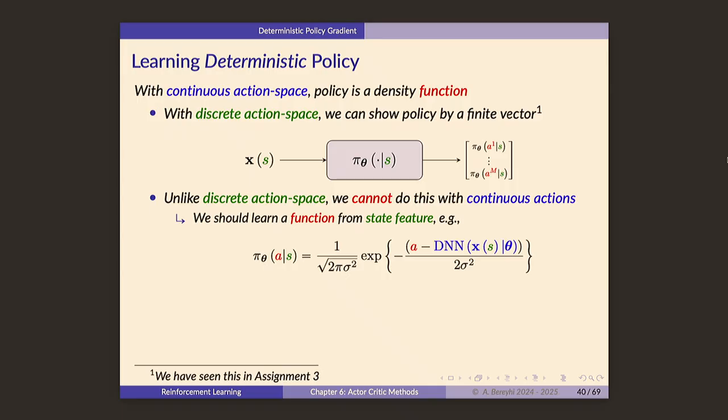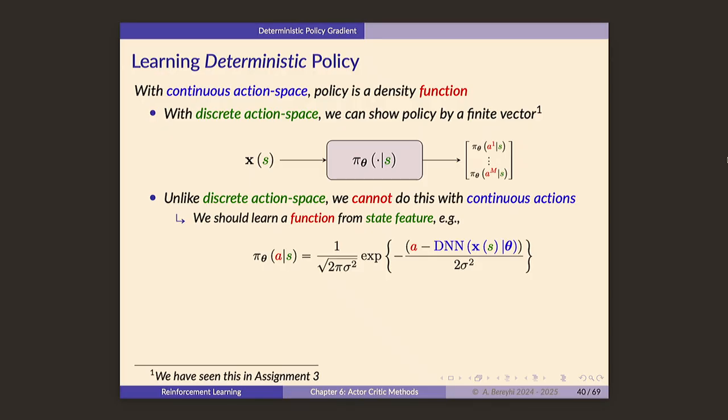You look at the representation of your state, this x_s, which goes inside a deep neural network, and at the output you get something that you treat as the average of your action. You would say my action is normally distributed around this mean with some variance. Maybe you make your network more sophisticated and compute the variance as well. Maybe you consider another distribution, but this is again a typical thing.